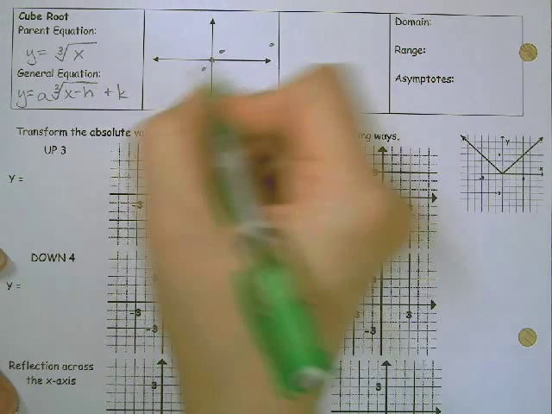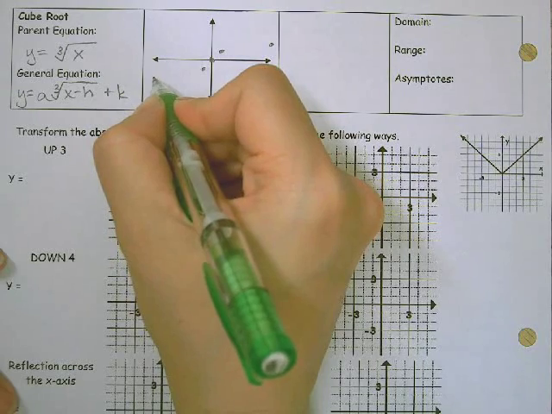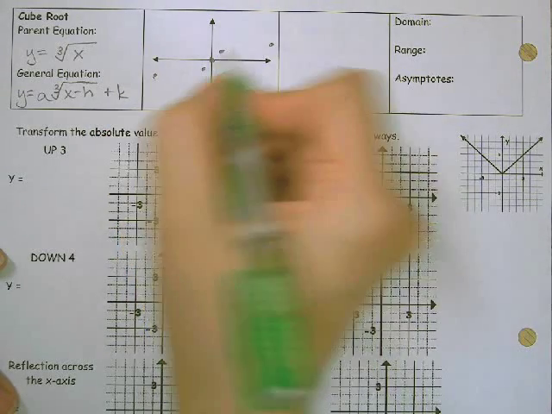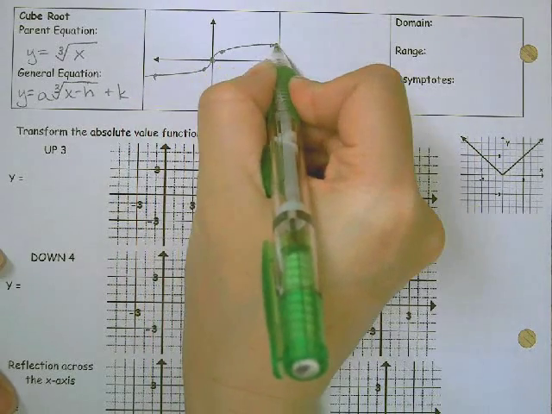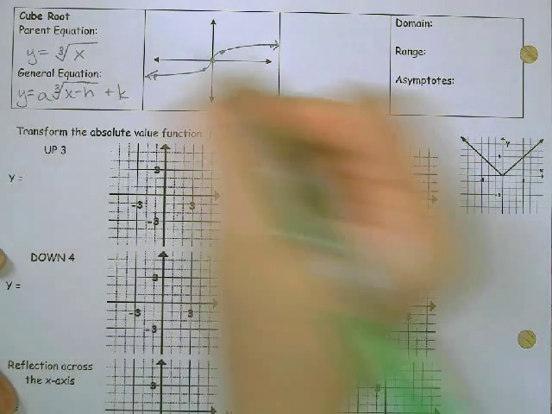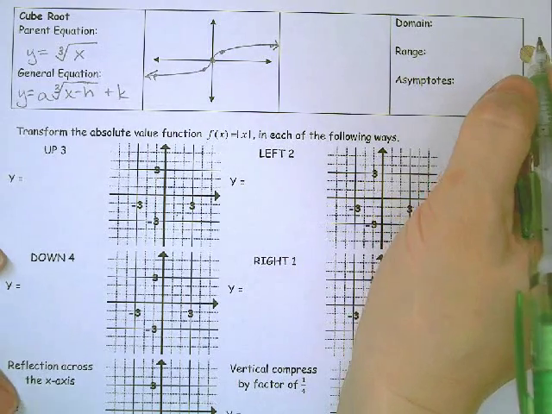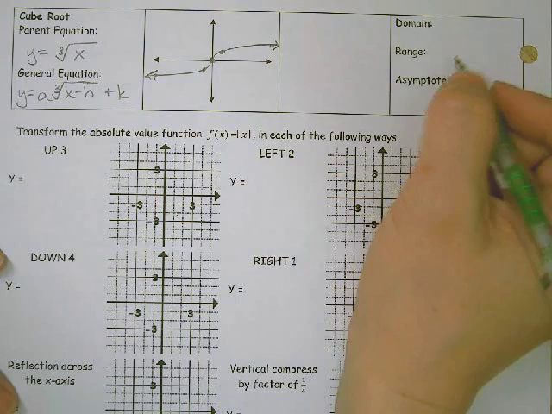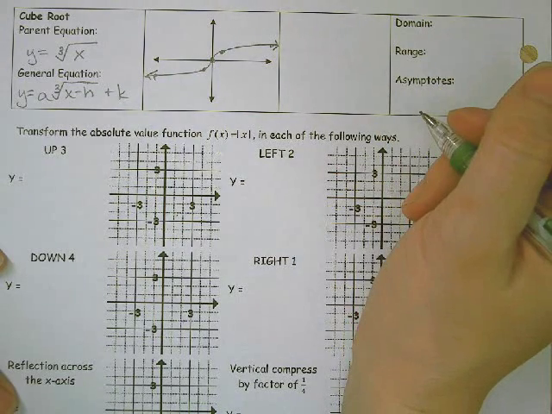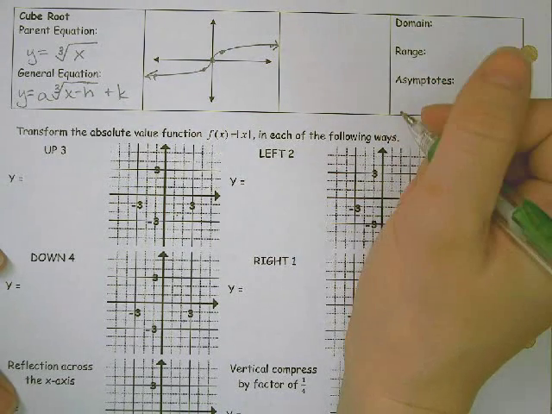I'm going to put this out here, and then -2 times -2 times -2 is -8. Hopefully you're noticing this looks an awful lot like the cubic one, but it's turned on its side, very much like the parabola and the square root were turned on their sides from one to the next.